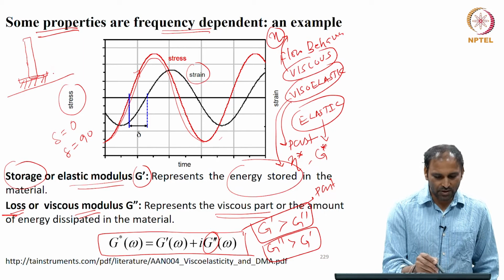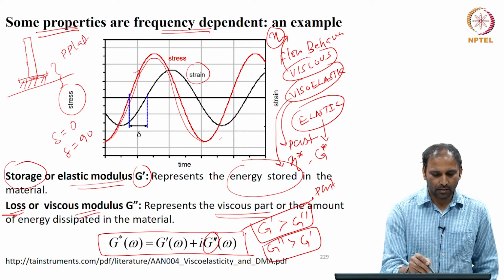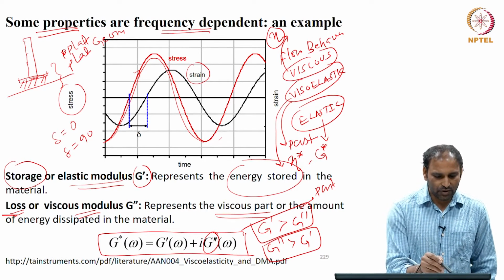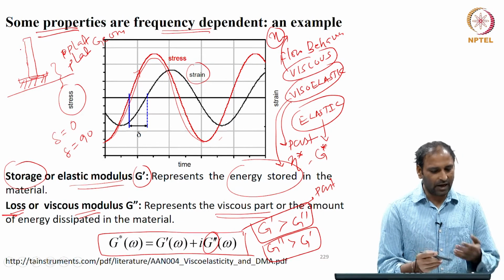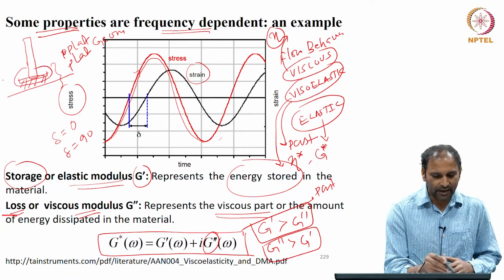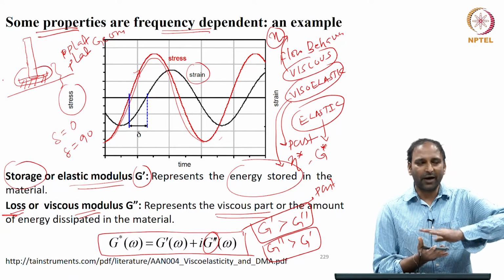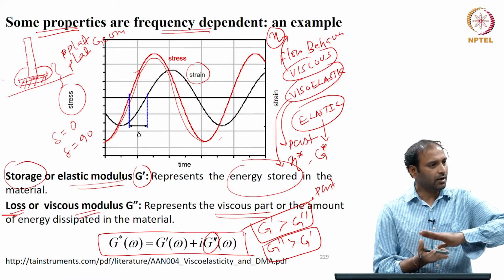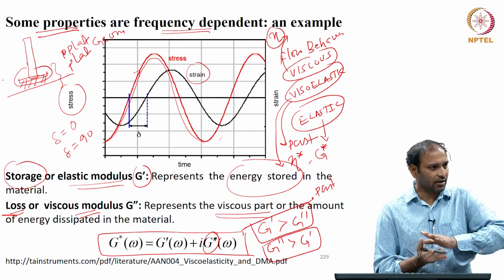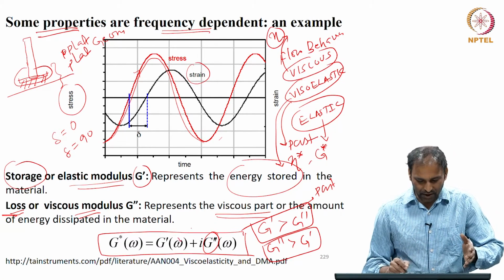This is a classic example of what is called a plate geometry. And then I have a way of controlling the oscillation. I can take the top plate and move it back and forth, either slowly or very fast, and thereby I can change the frequency, right.